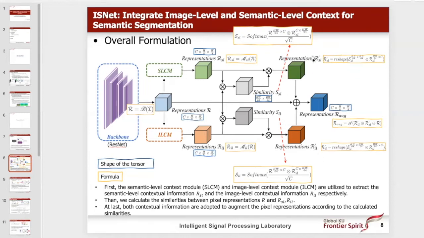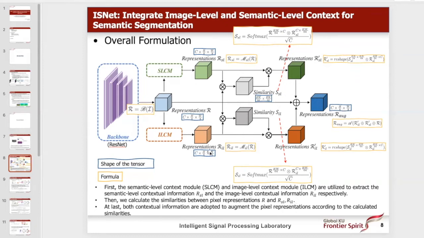The first one represents the semantic level encoded representation, and this represents the image level encoded feature map, and the original feature map from this part. We will do the concatenation operation on these 3 feature maps, and we will finally get the auxiliary representation, which will be used to calculate the loss function later.